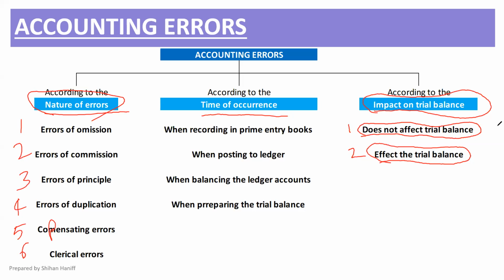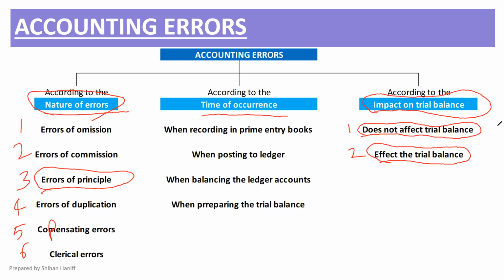You need to know this because in MCQ questions in the A-level paper, they ask the type of error. Mainly errors of principle. We have seen this in several past paper questions, right?